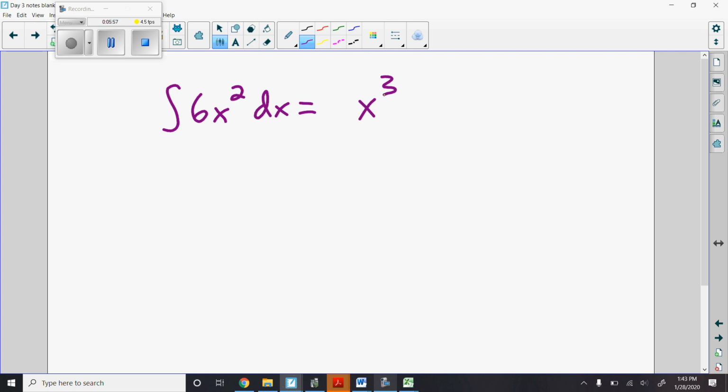Well, what coefficient do I need to put out front so that it ends up being 6x squared? If I was doing the derivative, I'd take 3 and multiply by the coefficient. So I have to think, 3 times what equals 6? Well, that's pretty obviously 2.